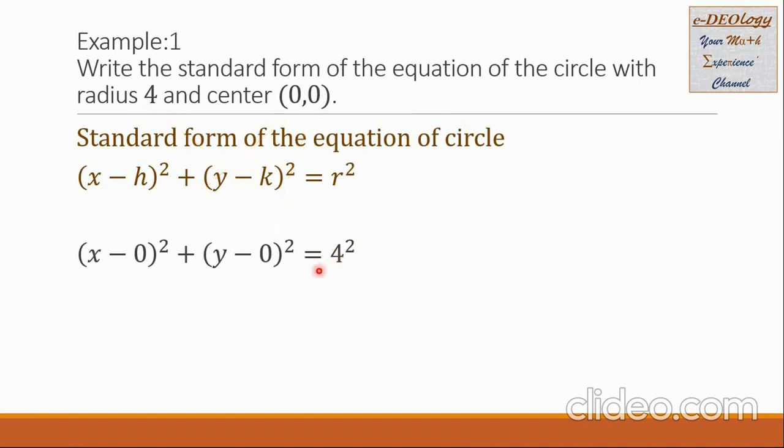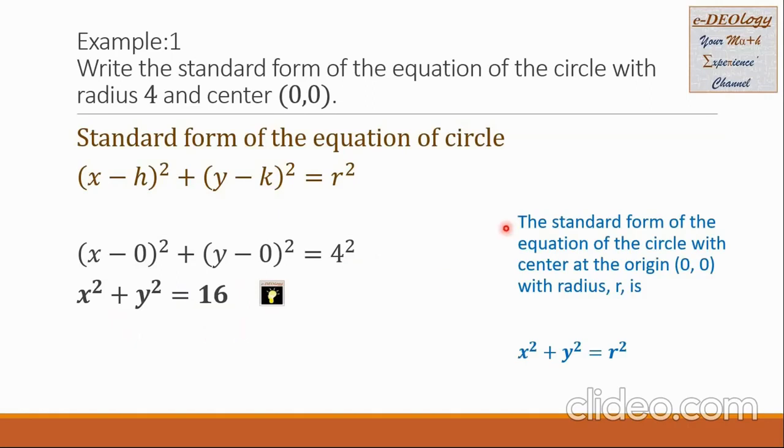Then let us simplify further. The x minus 0 is simply x, and we put the square, then plus y minus 0 is simply y, then we put the square, equals 4 squared is 16. This is now the standard form of the equation of the circle.